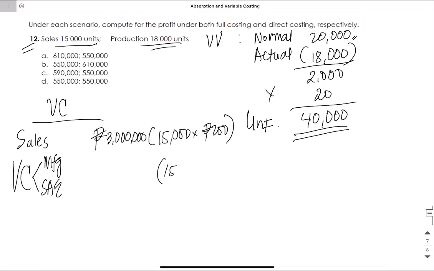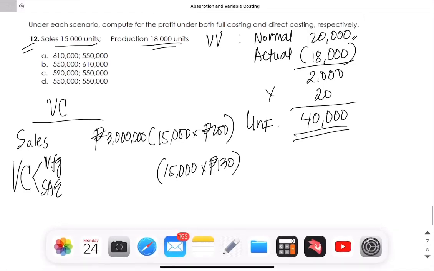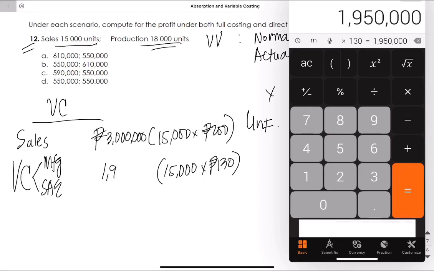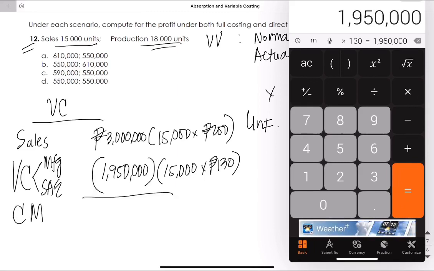So 15,000 times 130 will give you 1,950,000. This is your total variable cost. So you will have your CM, contribution margin: 3 million less 1,950,000, so we have 1,050,000.